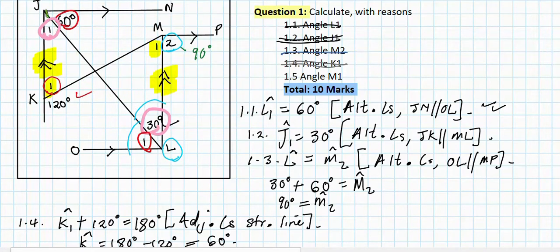I actually see my Z formation forming right there. Since this is a Z formation, I know that this line is parallel to that line, and we are not making this up, it's here on the diagram. On the armpit there's an angle, on the other armpit there's an angle. I already found K1. We just found that K1 is 60 degrees. Therefore M1 is also going to be 60 degrees.